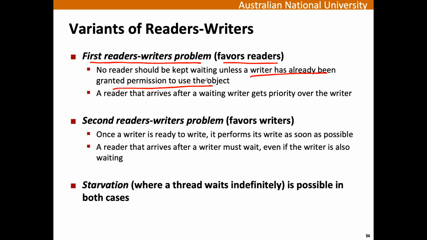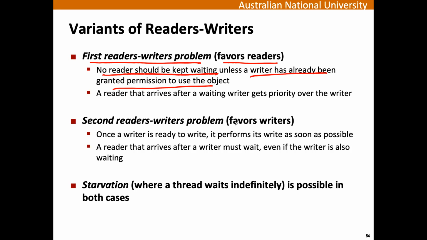So if there's a writer with access already, we need to wait. Otherwise, just because there is a waiting writer which doesn't have access yet, we should not stop the readers from doing their work. So we should favor the readers in the first problem.